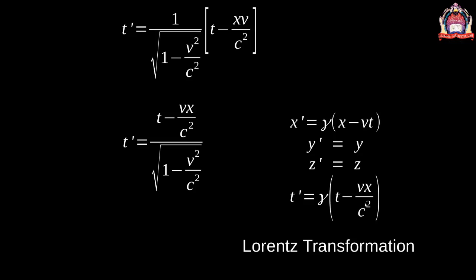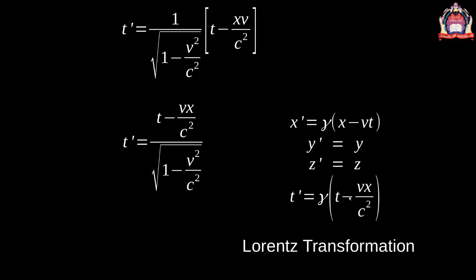Now the superiority of the Lorentz transformation over the Galilean transformation: just compare all these equations. If v is far less than c, then v by c is also far less than 1. Therefore the Lorentz transformation reduces to x dash is equal to x minus vt, y dash is equal to y, z dash is equal to z, and t dash is equal to t, since vx by c square is far less than t.